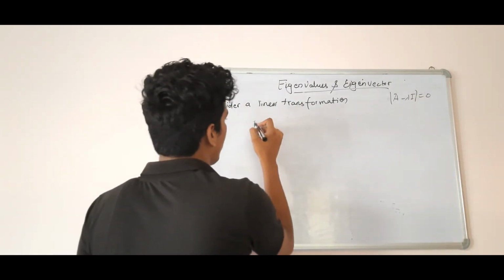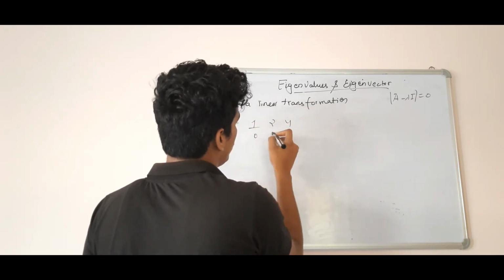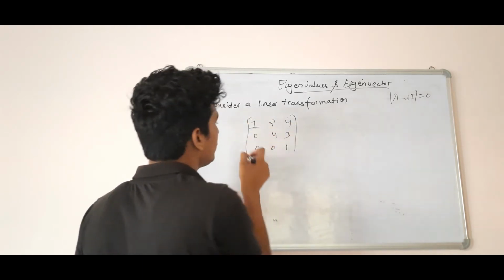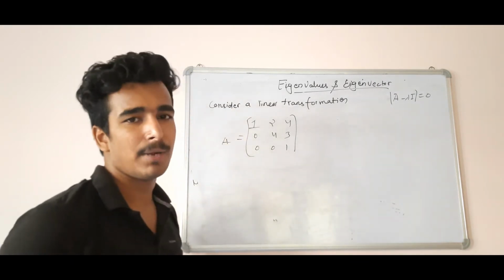So let's suppose my matrix A is [1 2 4; 0 4 3; 0 0 1]. This is my matrix. I'm taking a simple matrix.